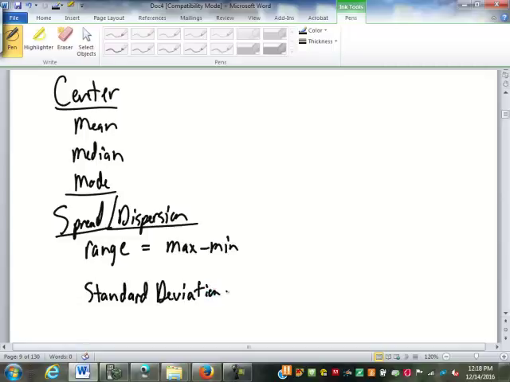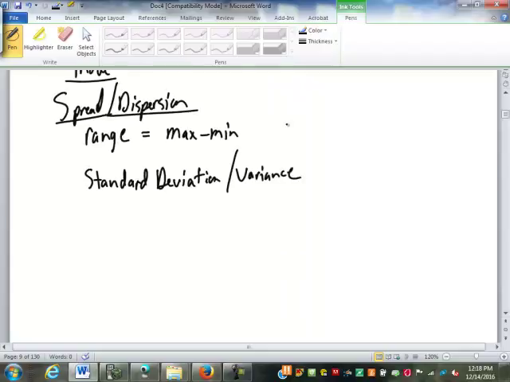Very closely related to standard deviation is something called the variance. They're really the same quantity; the standard deviation is just taking it one step further. Now, depending on whether you're doing the standard deviation of a population or a sample, it's slightly different. For a population, the symbol for standard deviation is the Greek letter sigma, the small letter sigma.